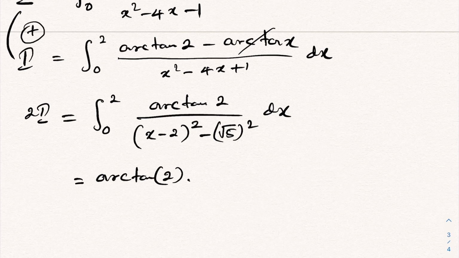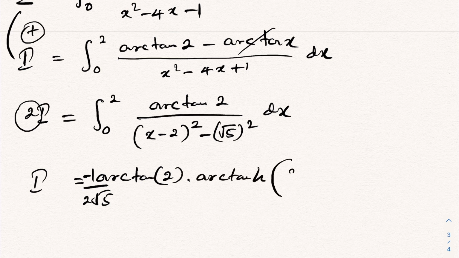Now this integral, I think easily you can evaluate. So I is equal to here 2, so minus 1 over, now if we evaluate this integral, we have minus 1 over square root of pi hyperbolic arctan of 2 over square root of pi. Okay, this is the answer for this question.